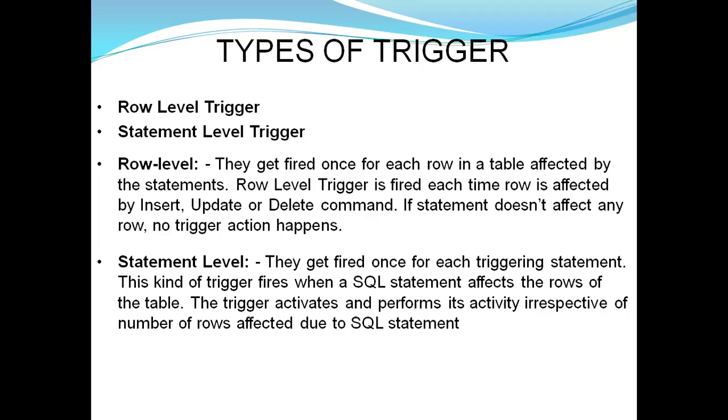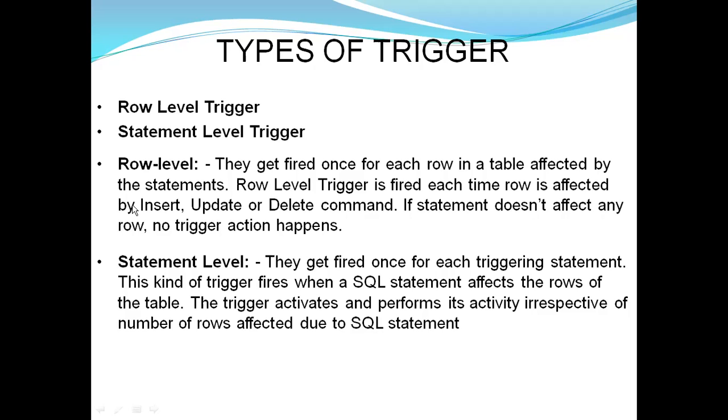You have executed an insert statement and that is completed. Insert is done. Then only this row level trigger will execute. And statement level trigger means what? Whether the record is inserted or not, if somebody has tried to insert, this program will execute. So that is a row level trigger and a statement level trigger.